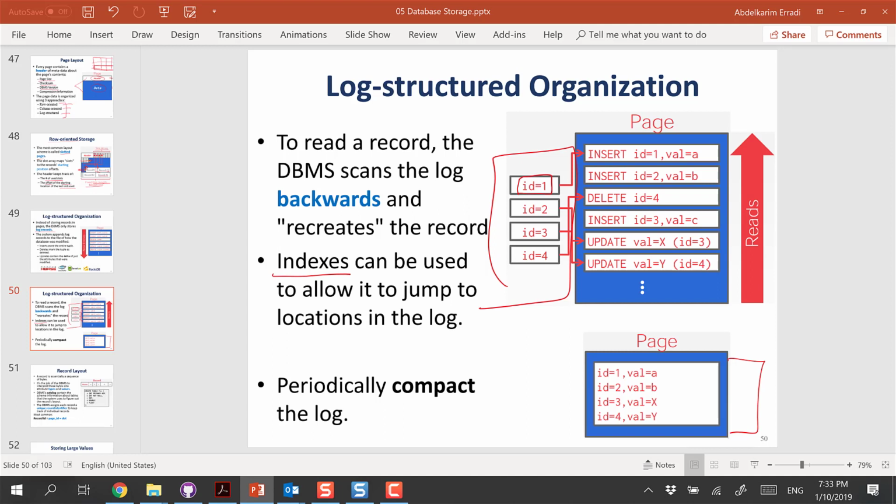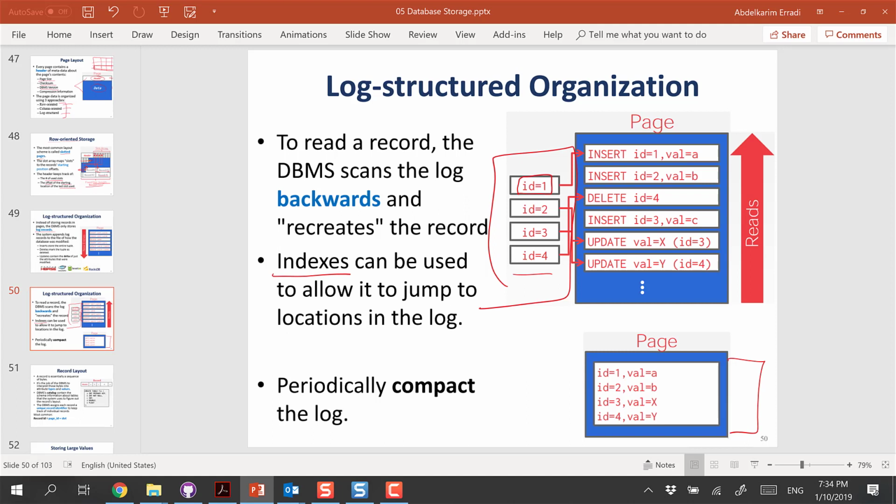Remember the index in your book: you have a term and the pages where you can find discussion about that term. Same thing here. You have the ID of a particular record and pointers to all of the log entries related to that ID. And then you can go through and reconstruct the record bottom up.